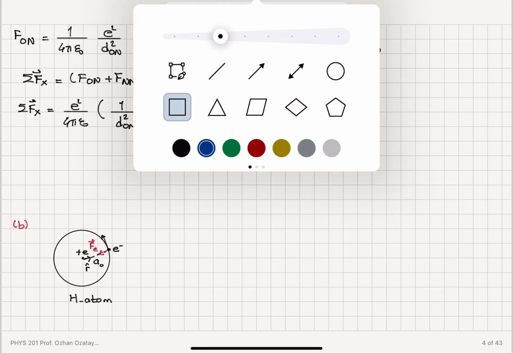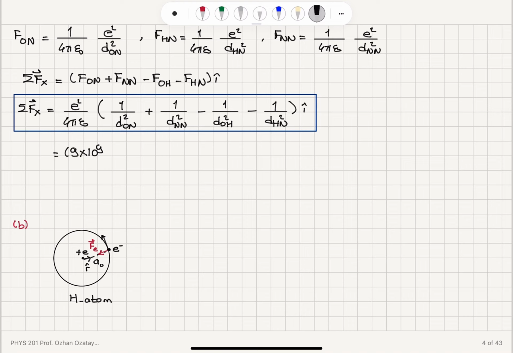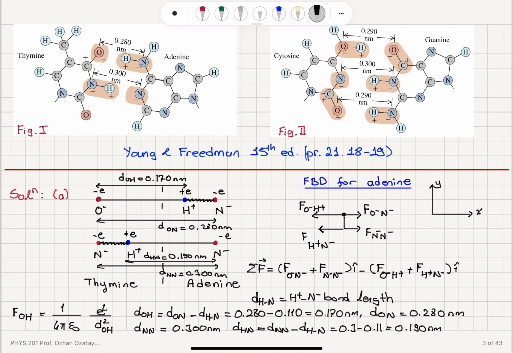So this gives me the answer that I'm looking for, the bonding force between adenine and thymine. So if I substitute the numbers here, remember that Coulomb's constant is approximately 9 times 10 to the 9 newton meter squared over coulomb squared. That's 1 over 4 pi epsilon 0. Electron charge is 1.6 times 10 to the minus 19 coulombs. So that's 1.6 times 10 to the minus 19 squared, multiplied with the oxygen-nitrogen distance, D_ON, which is 0.28 nanometers.